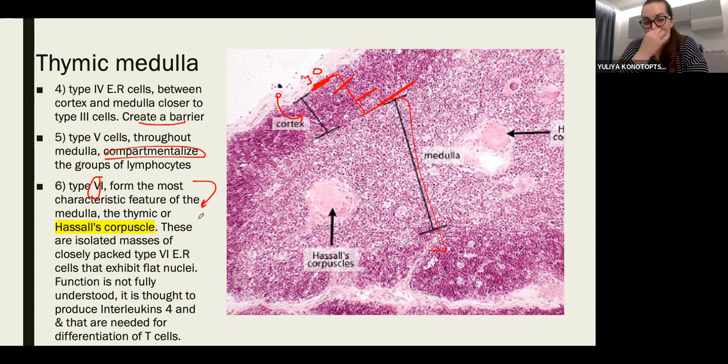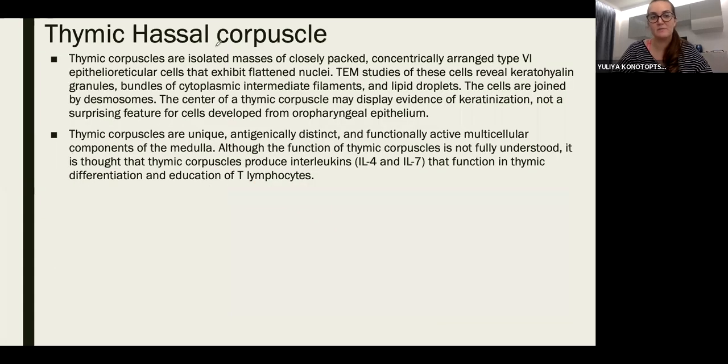So now you're going to add the fourth thing, which is the type 6 epithelial reticular cell. For some unknown reason, nobody knows why, the cell will also have lots and lots of keratin. The aggregation of type 6 epithelial reticular cells, which have keratin, we call Hassall's corpuscle. Hassall's corpuscle is a little tiny circular structure which possesses type 6 epithelial reticular cells which have keratin.